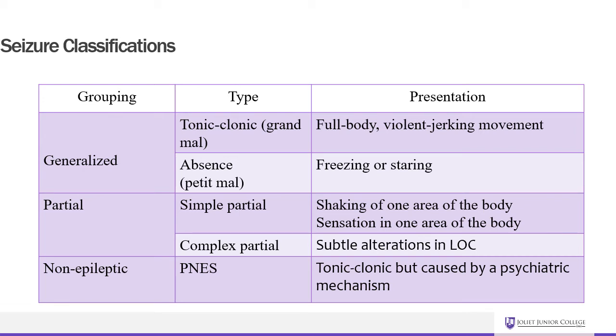Some of the classic ones are smacking their lips and pulling at their clothes. We can also group into non-epileptic seizures, the PNES, the psychogenic non-epileptic seizures. Now, these patients have a profound altered level of consciousness. They have that tonic-clonic activity, but they're not caused by that electrical storm that grand mal seizures or petit mal seizures are. They have a psychiatric mechanism.